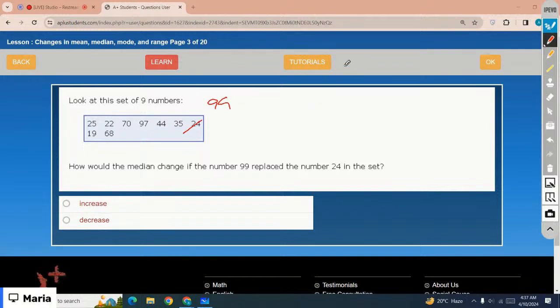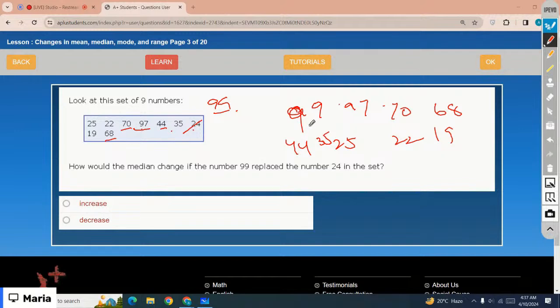Let's just arrange them in order: 99, 97, 70, 68, 44, 35, 25, 22, and 19.